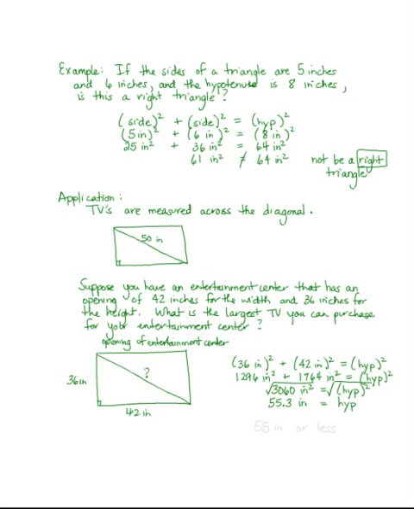So we could go look for televisions that were approximately 55-inch TVs or less. Now, we do have to be careful that we don't go quite as big as 55 inches, because around the outside of the televisions there are also possibly several inches, and we have to take that into account. But this gives us a starting place of where to go.